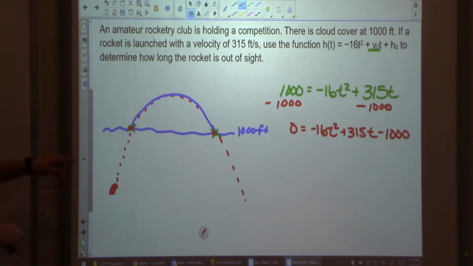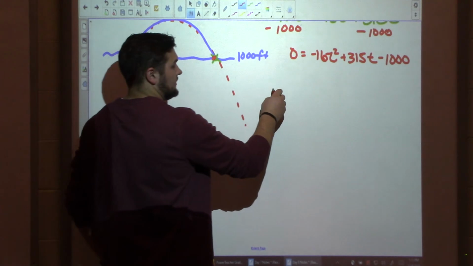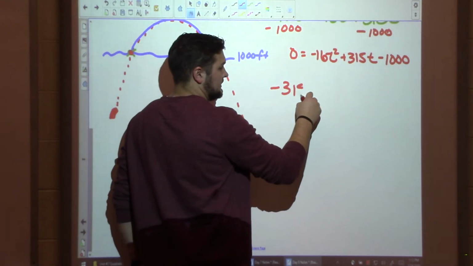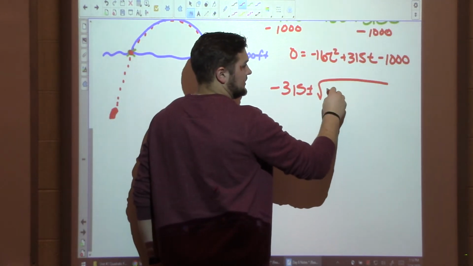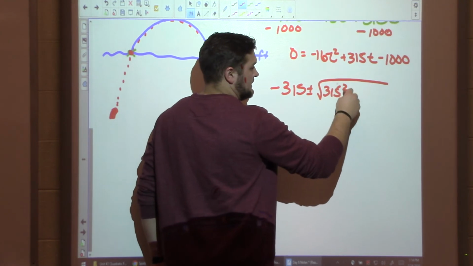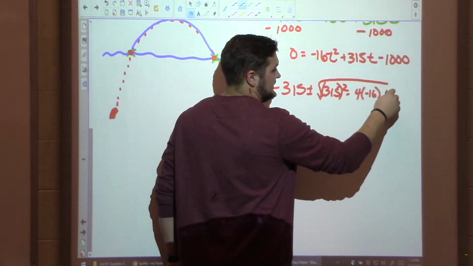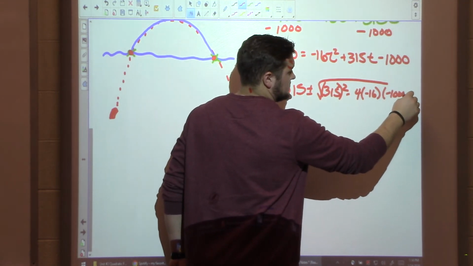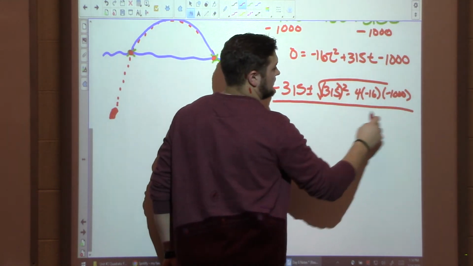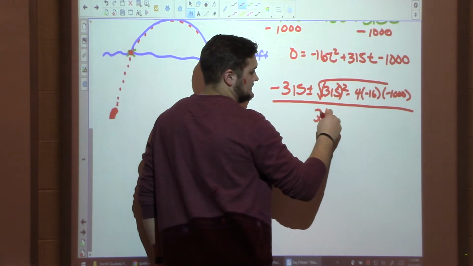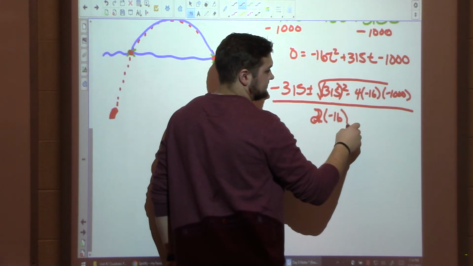So, quadratic formula. Negative b plus or minus the square root of b squared minus 4ac, all over 2a.